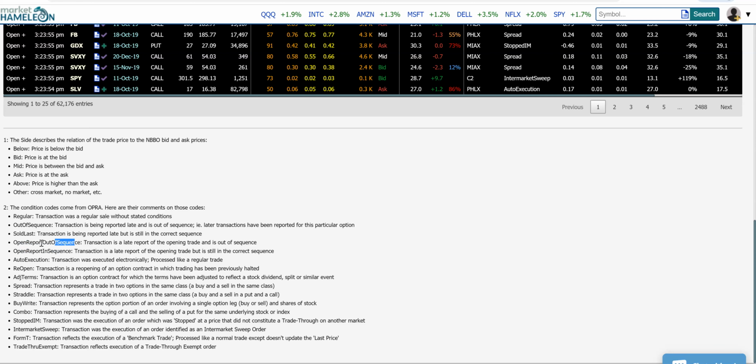Some of them I'm not going to talk about much. You don't see them popping up that much. It's either something happened out of sequence, maybe there's a correction in the price, and they'll indicate that on the tape. But I'm going to just concentrate on the trades that come up more often, that are more significant.